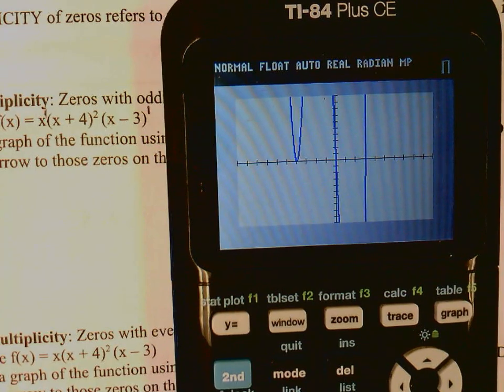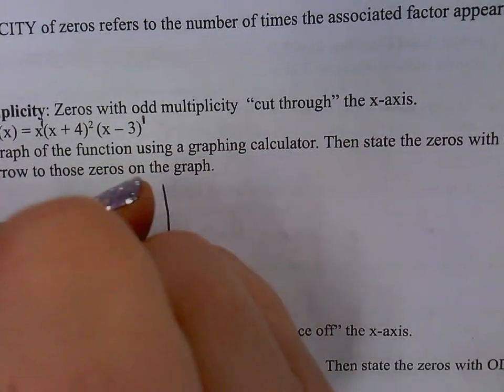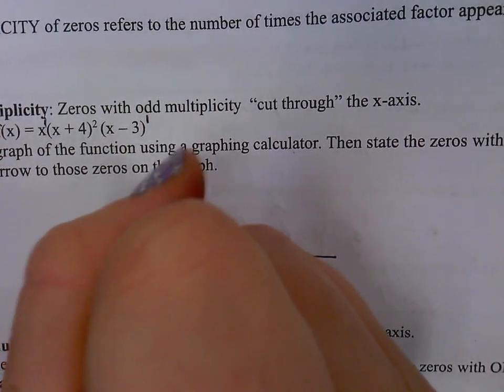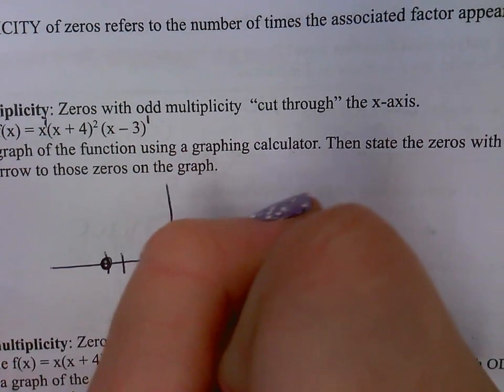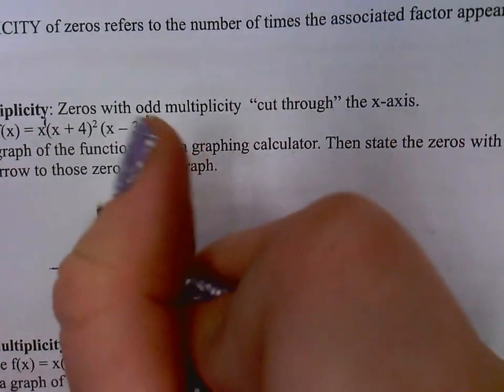So what I want you to do is we want to sketch the graph and what it looks like. So 1, 2, 3, 4. I have an x-intercept at negative 4, at 0, and at 3. So we're going to draw the same graph twice.